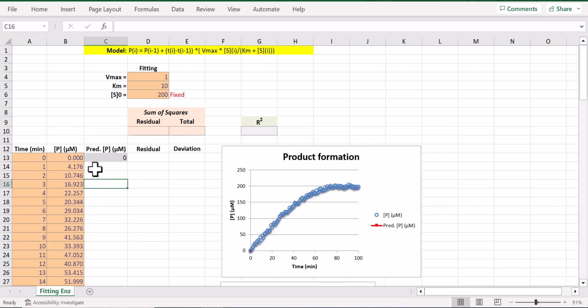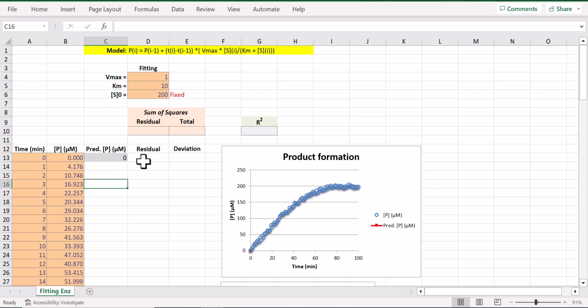The big difference with this spreadsheet compared to the last one is in the formula for the predicted value. So without an explicit equation, we cannot directly calculate product concentration at any time t.